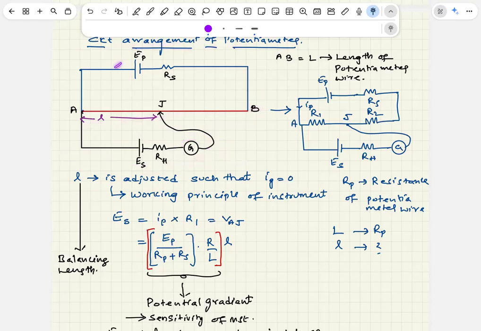Whatever the current that was sent by the primary of the potentiometer, the same current is passing through AB because there is no split. If there is a split, the galvanometer shows a deflection, and that is not the condition I'm speaking about. I'm speaking about the case where the galvanometer shows zero deflection, which implies whatever the current in the primary is exactly the same current that passed through AB.